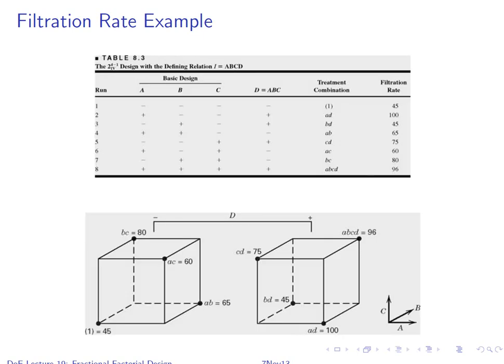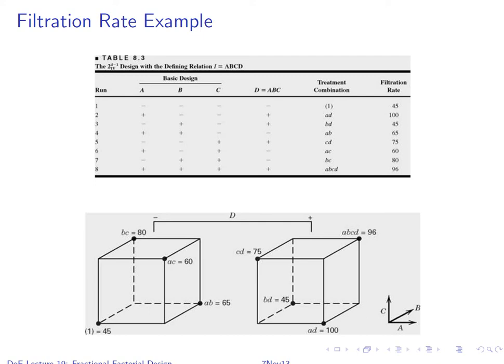Let's clarify the aliasing structure by taking a look back at the design matrix for this 1/2 fraction resolution 4 design with 4 factors. Remember that we start with the basic design for a 3-factor full factorial system. That's ABC.